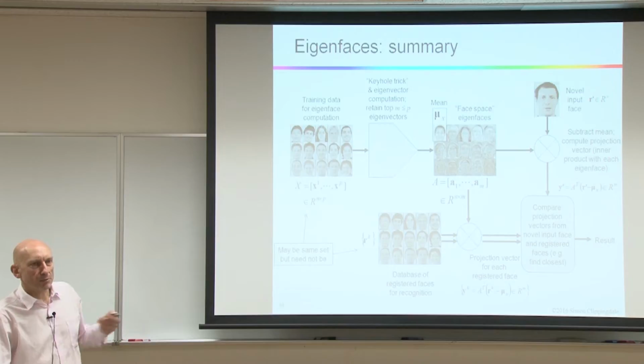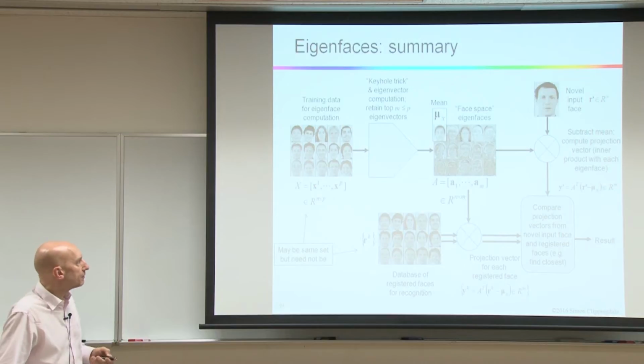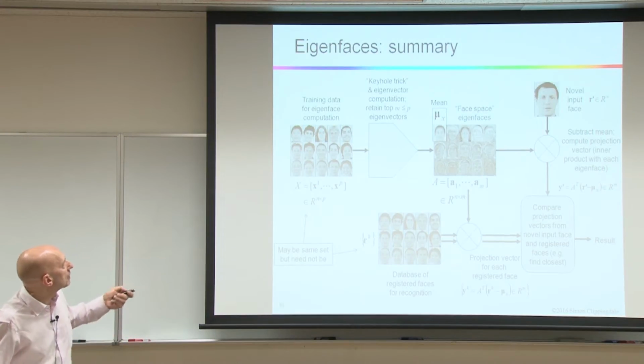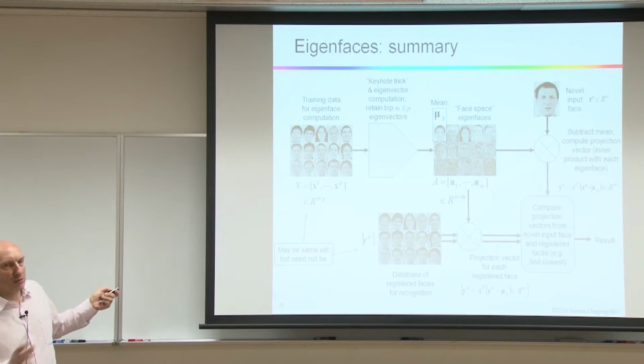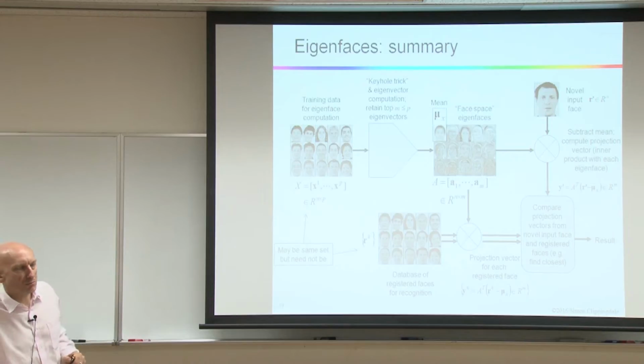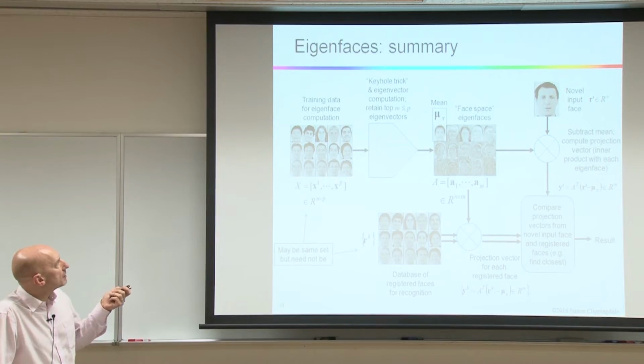If it is, that's probably better, because the eigenspace turns out to be well suited to the images you wish to recognize. Anyhow, first thing we do is build the eigenspace by doing that keyhole trick to cut down the amount of computation in computing the eigenspace.